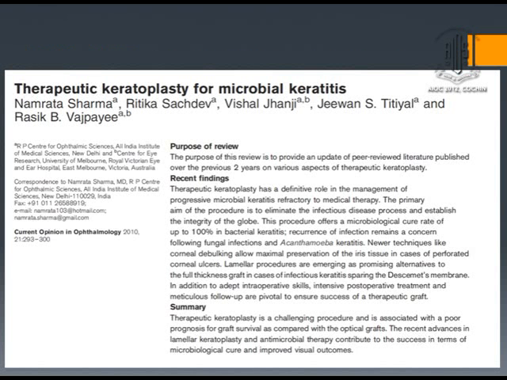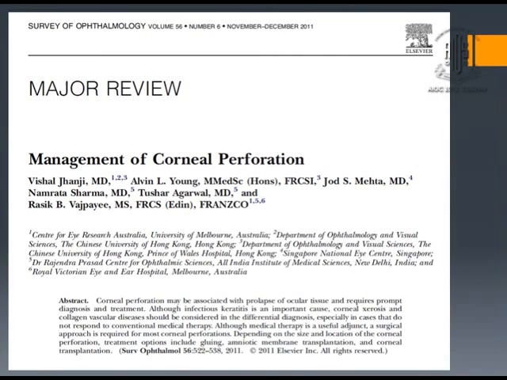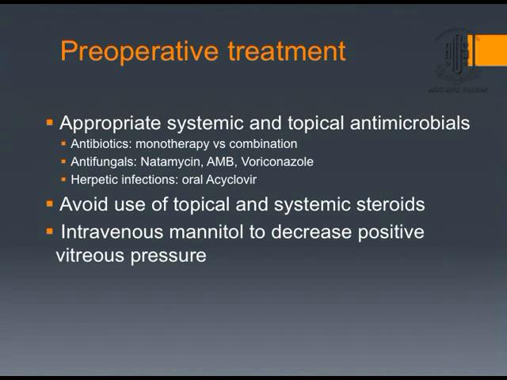Much of what I would be talking about is already available in Current Opinion in Ophthalmology, a review article that we published, and Survey of Ophthalmology, another review article that we published last month. Essentially, the preoperative treatment consists of appropriate systemic and topical antimicrobials, avoiding topical and systemic steroids, and intravenous mannitol may be given to decrease the positive vitreous pressure.